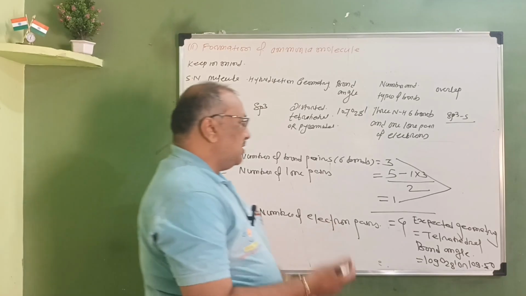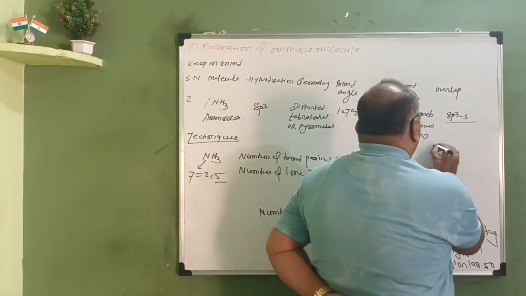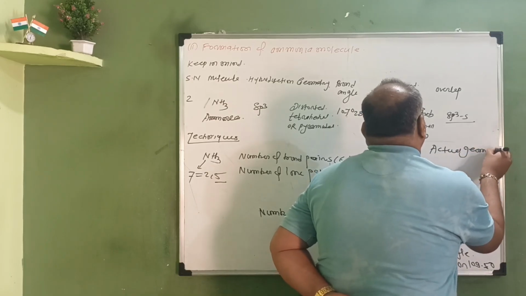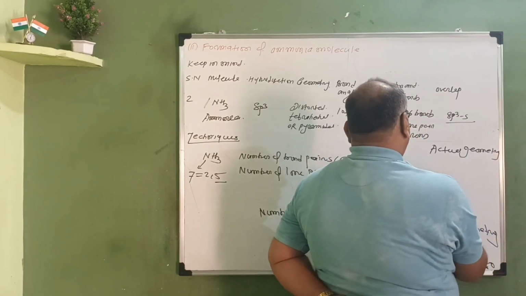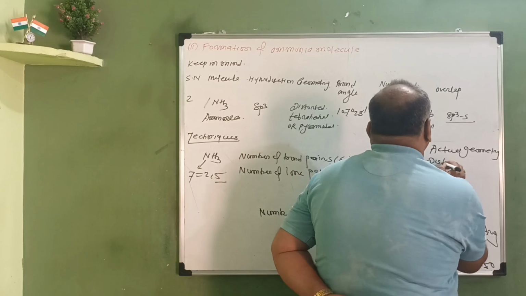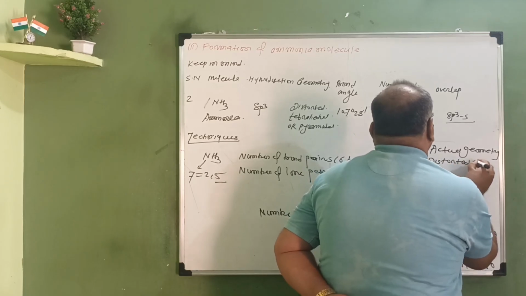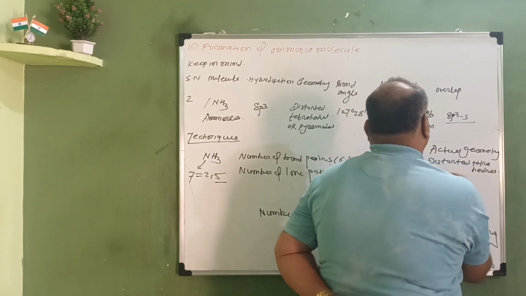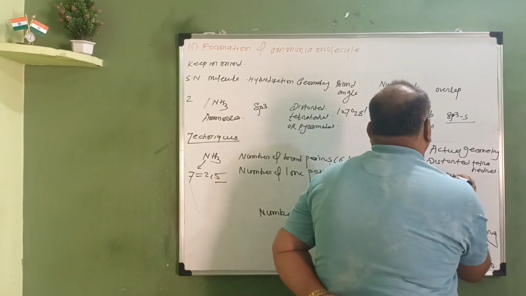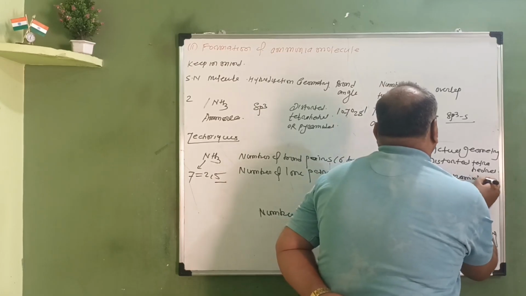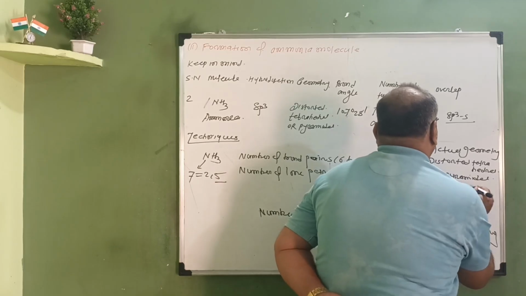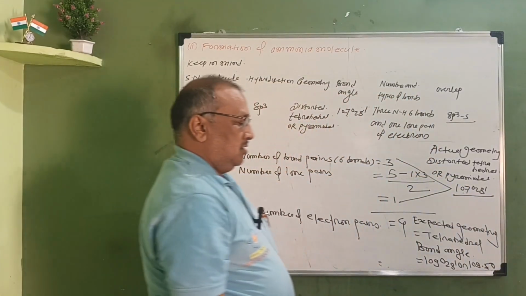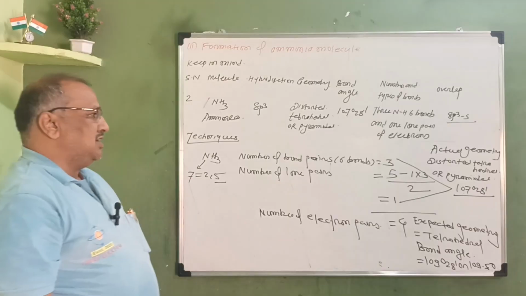Therefore here the geometry is disturbed and the actual geometry is distorted tetrahedral or pyramidal with bond angle 107 degree 28 minutes.